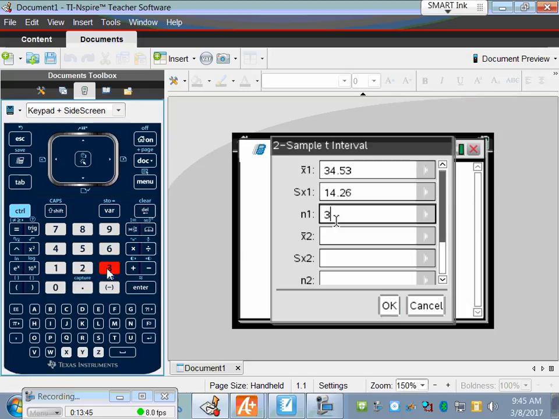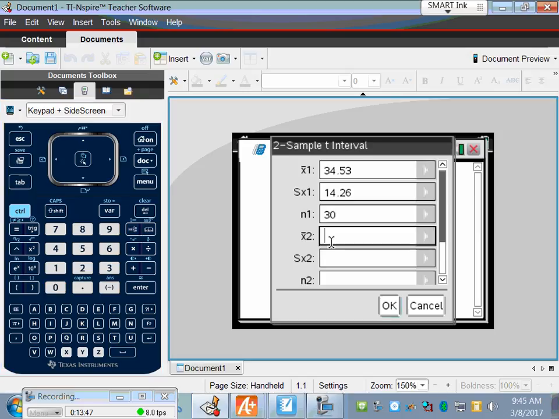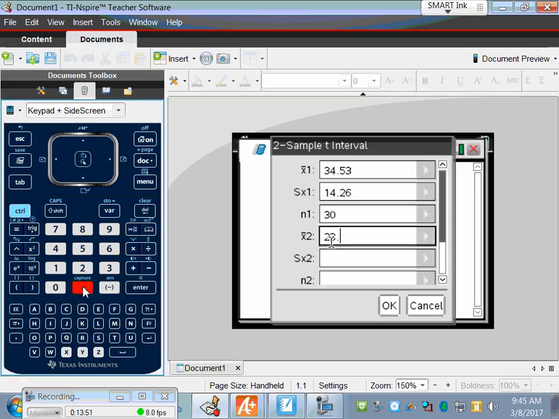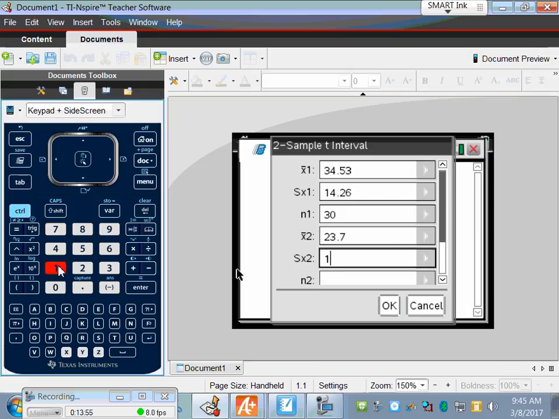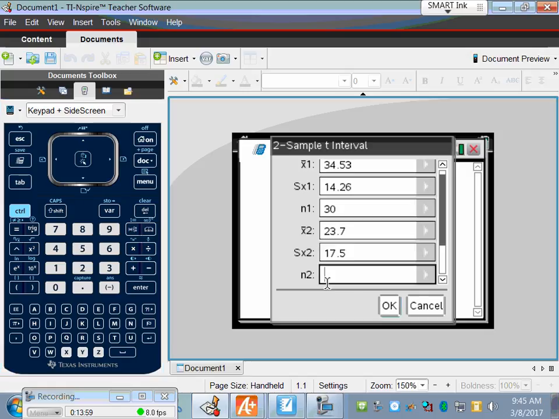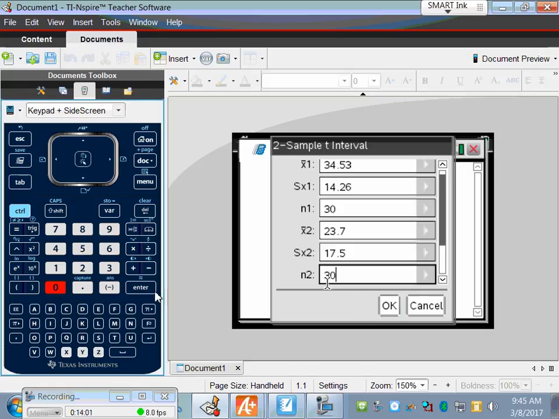And N1, our sample size, is 30. The second mean was 23.7. And the second standard deviation was 17.5. And we also had a sample size of 30.